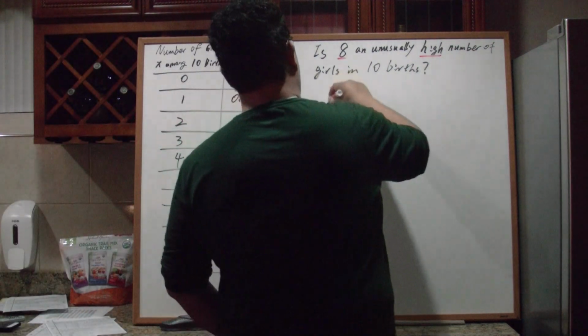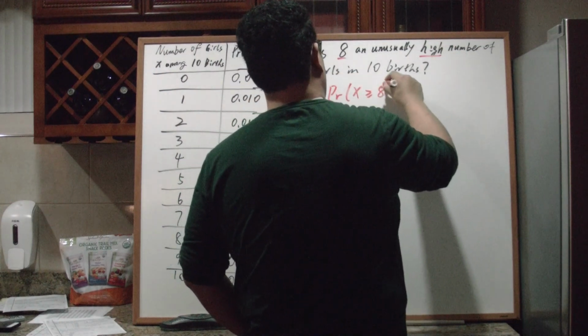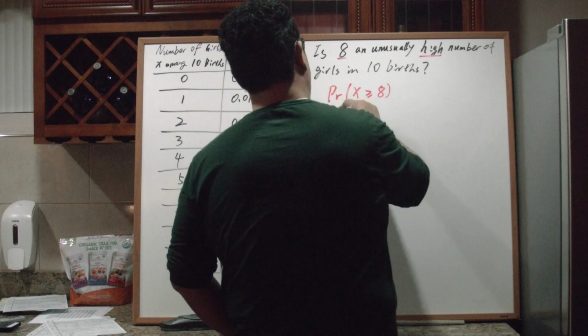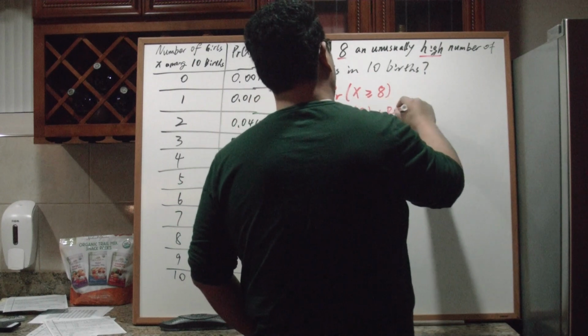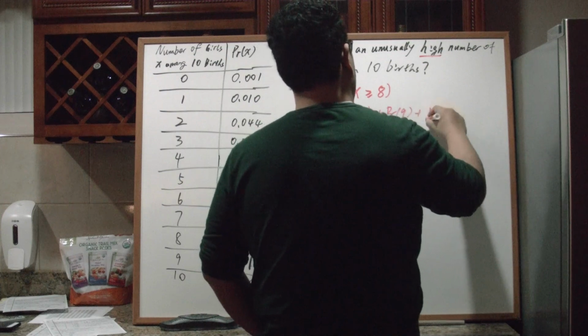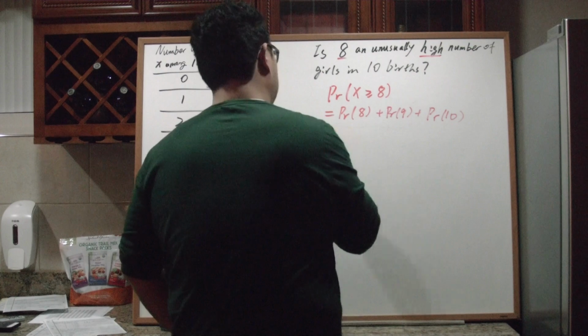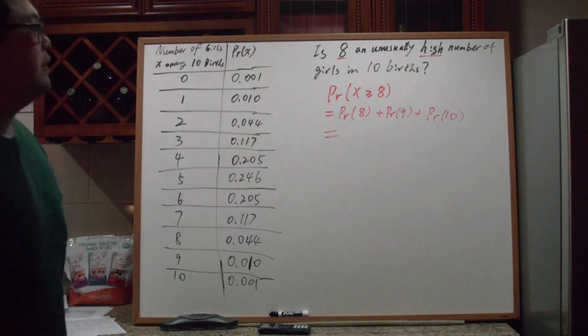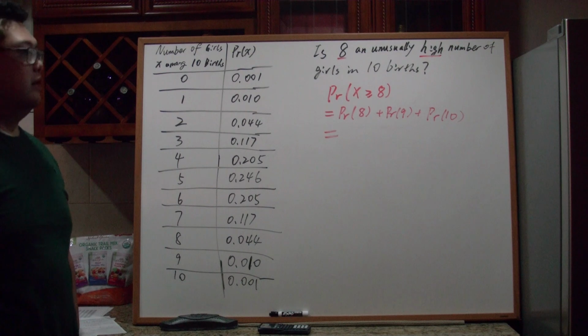So the probability to be 8 or higher means among 10 births, 8 or 9 or 10 are girls.